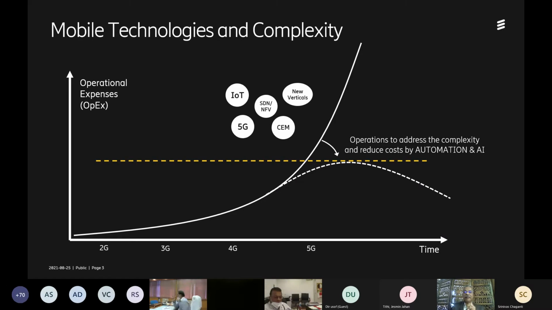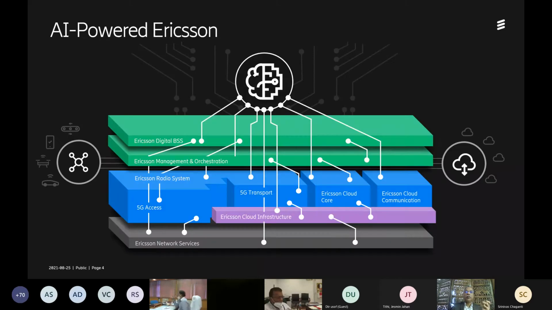So with this in mind, one needs to consider what it means to bring in AI/ML to the entire network. And as you are able to see here, the point to note is that it is not like only certain part of the telecom infrastructure is touched by AI and automation.